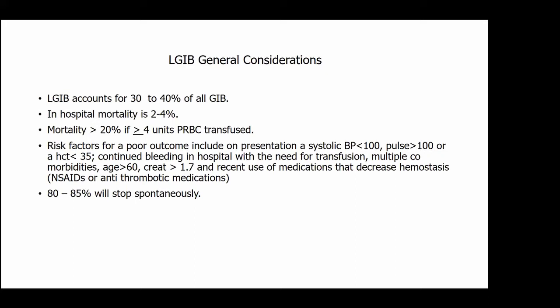And the risk factors for a poor outcome include basically what you would expect. They include a hemodynamically unstable patient, on presentation with a systolic blood pressure of less than 100, a pulse greater than 100, or a hematocrit less than 35, and continued bleeding in the hospital with need for transfusion, multiple medical comorbidities, age greater than 60, creatinine greater than 1.7, and of course, recent use of medications that decrease hemostasis do not help the situation.